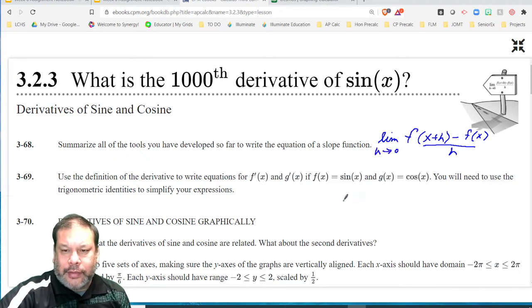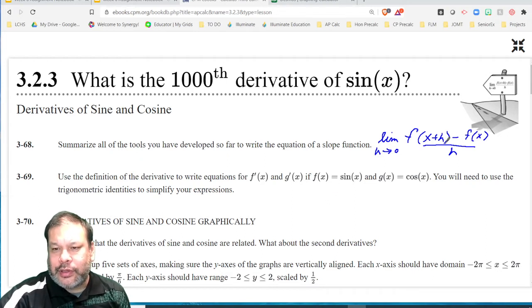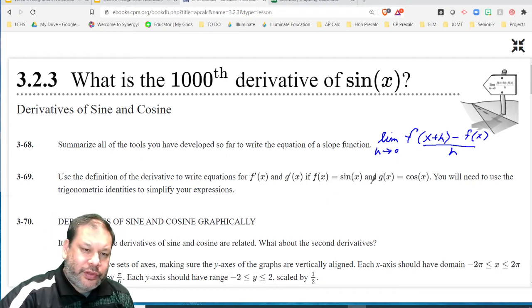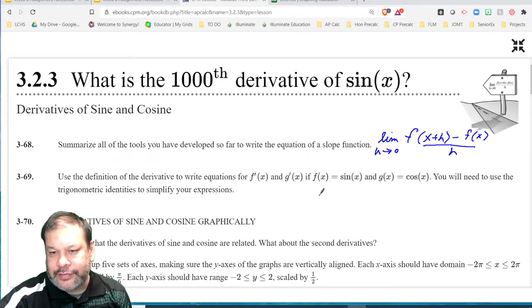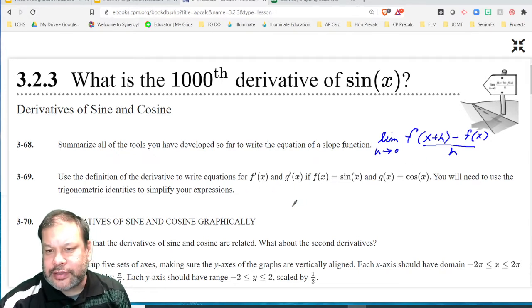So now it might be a little bit complex, but using the result you had in 67, which asks you to find the angle sum identities that you did in pre-calculus, we can find the derivative of sine and cosine. So I'll find it for sine, and you guys can work on cosine. It's the same exact steps.